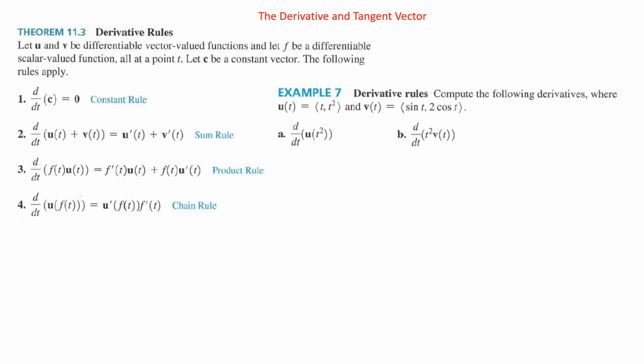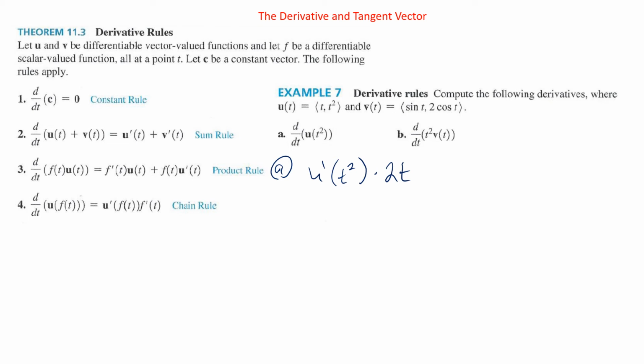So if we have things like a, we have the derivative of u of t squared. This is a chain rule issue. So for a, we will get u prime of t squared times the derivative of t squared, which is 2t. So what is u of t? U of t is t comma t squared.